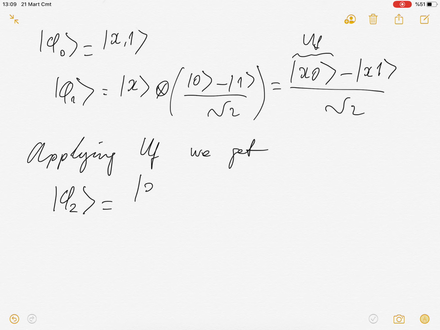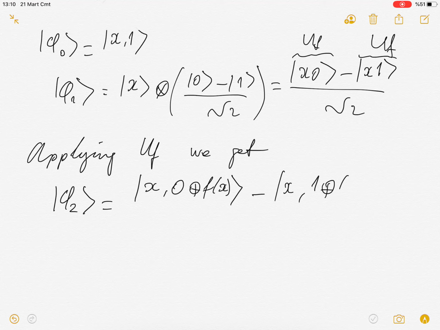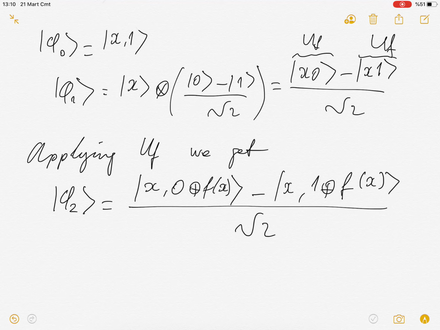The output will be |x, 0 XOR f(x)⟩. And then we do the same thing to here, and this will be |x, 1 XOR f(x)⟩. And then we have the common factor, 1 over square root 2.